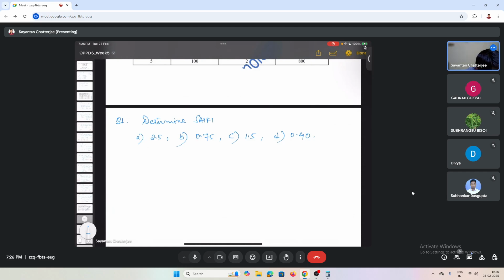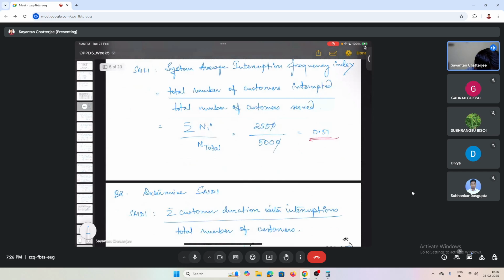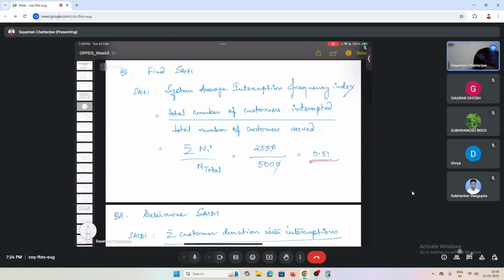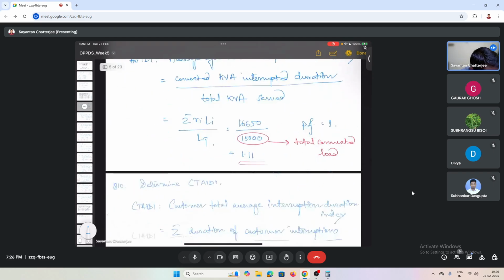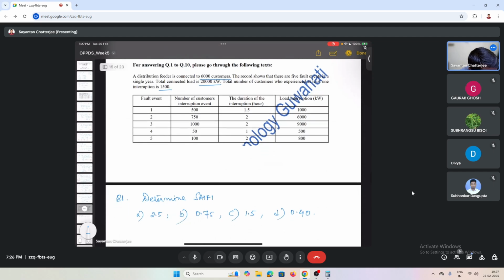So what is psi phi? Directly we can see it is Ni by N total. Please calculate based on the data set given and find the solution.